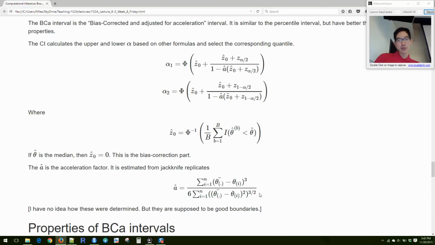I don't know. Don't ask me how they got these. Okay, but it's established in the literature, and apparently, if you use these to pick out your confidence interval bounds, they have a couple nice properties.